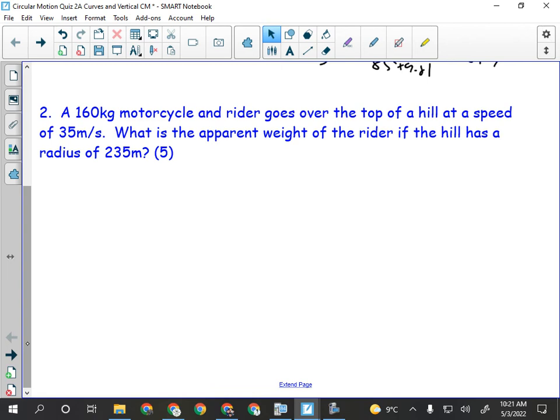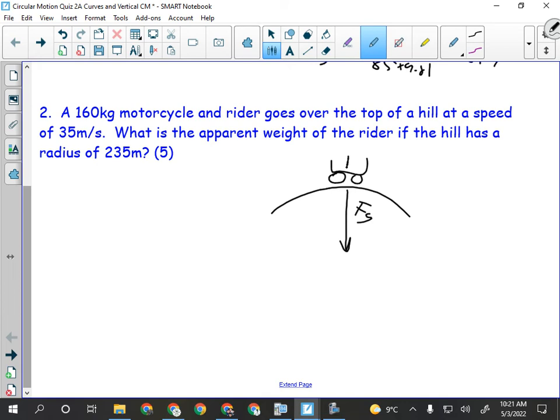Okay, going over the top of a vertical circle. First thing we need to do is identify our forces. As we go over the top of a vertical circle, what's this force? Gravity. What's this force? Normal force.